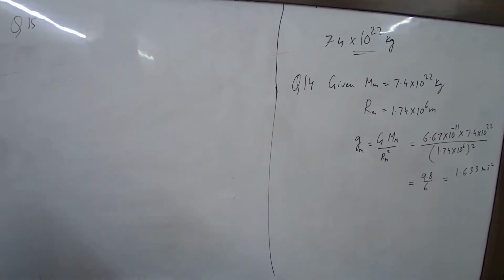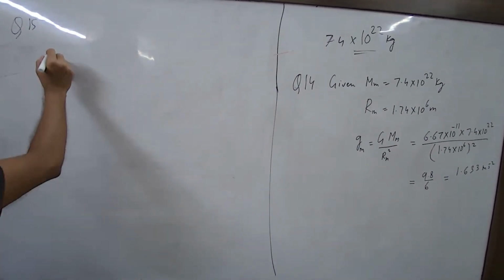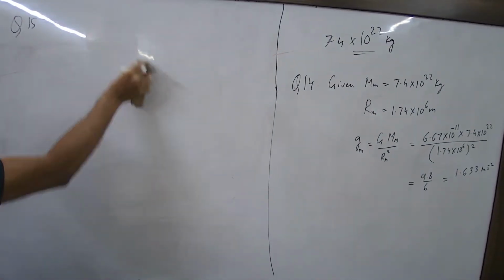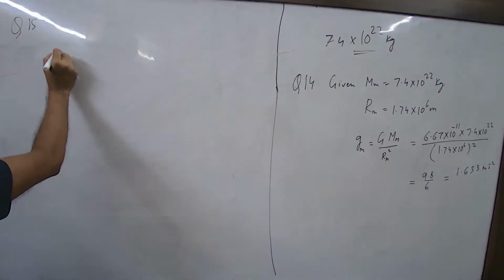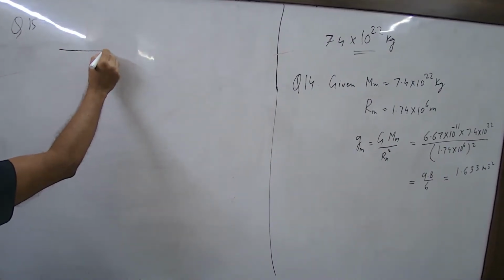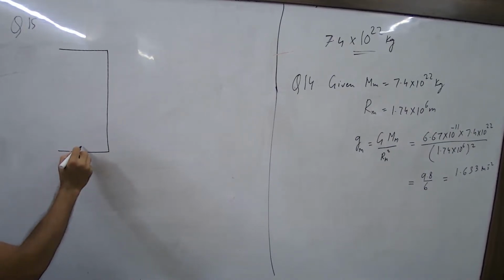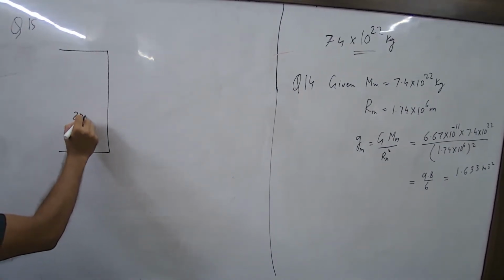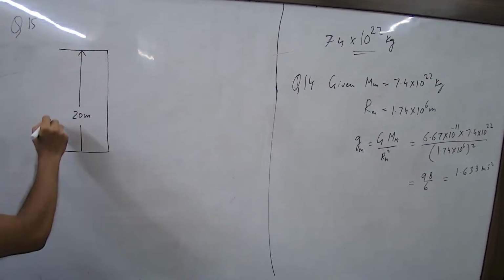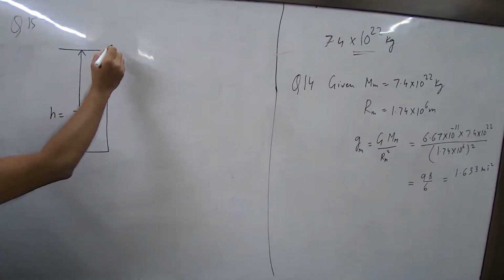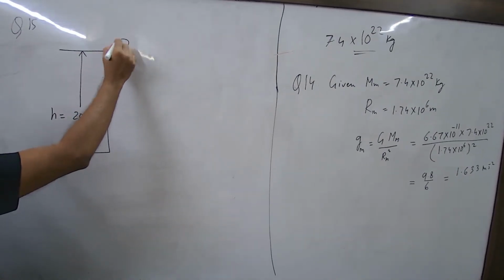The ball is dropped from a height of 20 meters. This is 20 meters. Let's say a building or tower. Now from here, a ball is dropped.